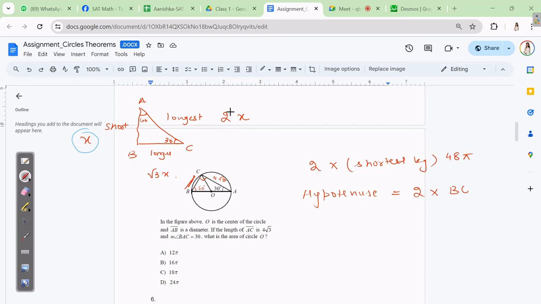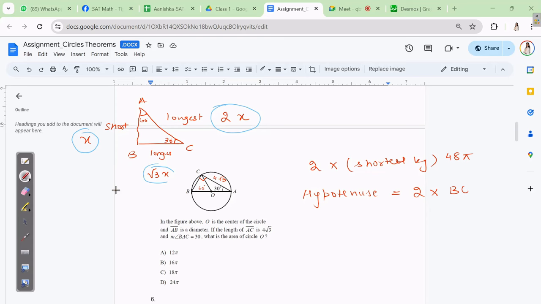Shorter is x, hypotenuse will be 2 times x, and the longer leg would be root 3 times x. So first you need to find BC, this one, the shorter leg. Do you divide 4 root 3 over root 3?